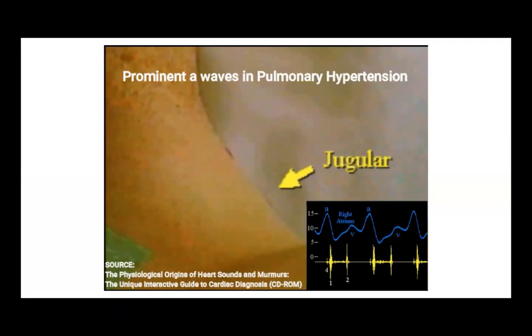This video shows us a prominent A wave in pulmonary hypertension. Please take note of the tall A wave in the diagram.